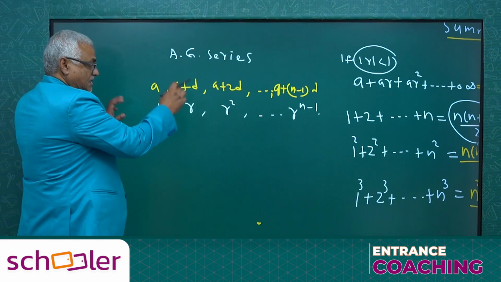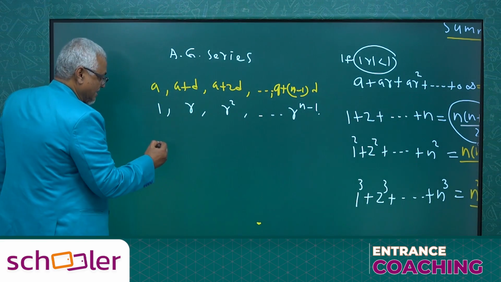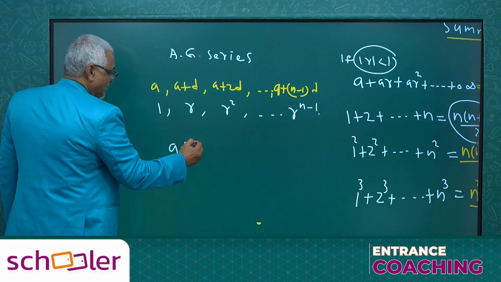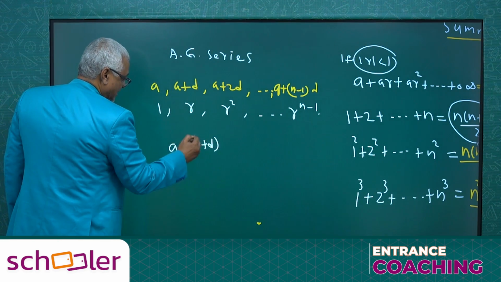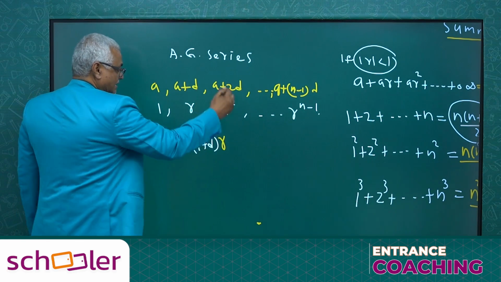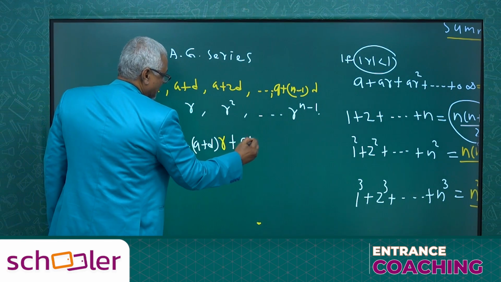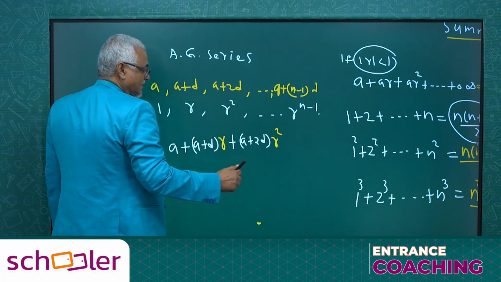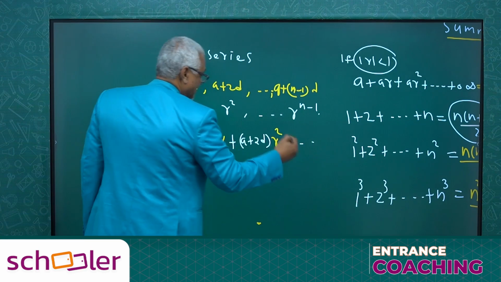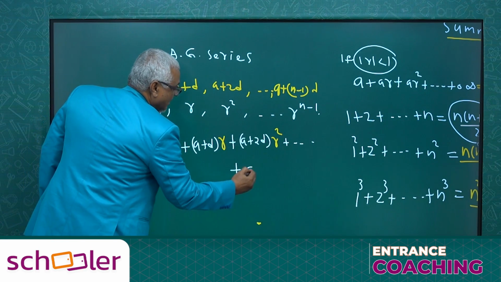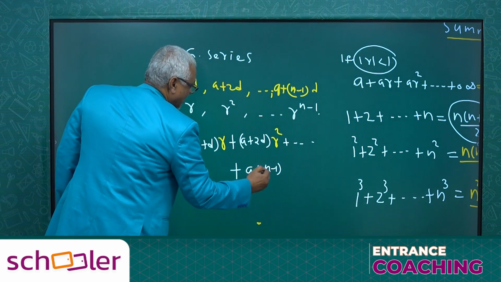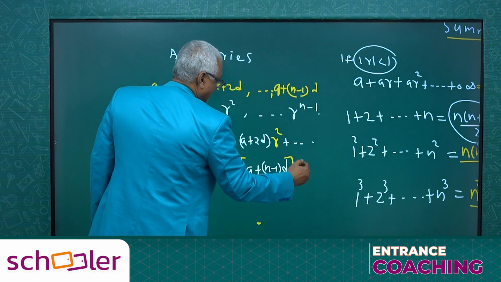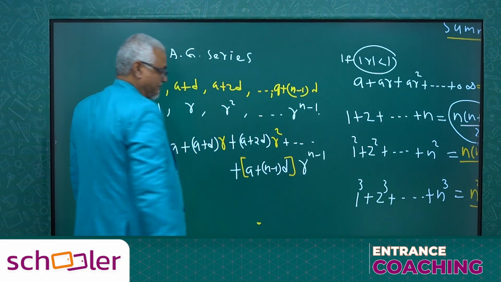Multiply each term and sum it. So what we get? a into 1, plus a plus d into r, then the next term, a plus 2d into r square, plus etc. The last term is a plus n minus 1 into d, into r raised to n minus 1.